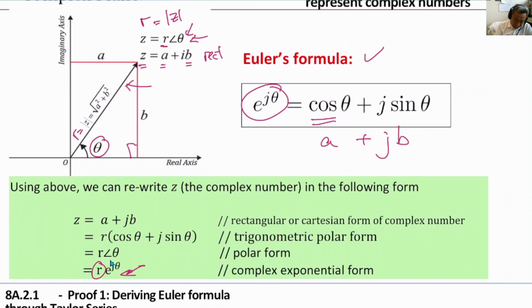So this is what we are trying to say here. We replace cos theta plus j sine theta with the complex exponential form e to the j theta.